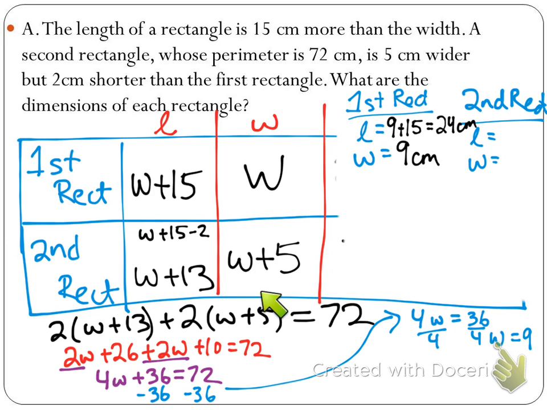All right. What's the width of the second one? 14. It's just 9 plus 5. And what's the length of the second one? 22. It's just 9 plus 13. All right. Lots going on. Questions?